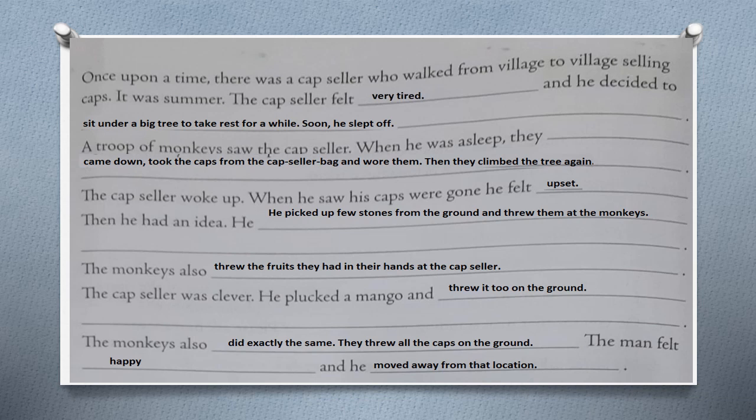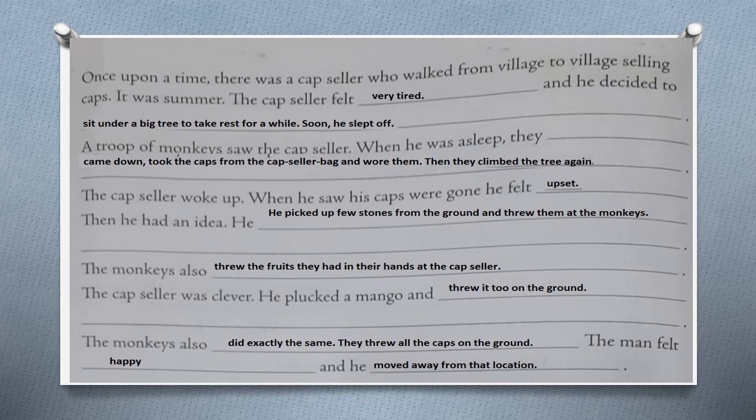The cap seller woke up. When he saw his caps were gone, he felt upset. Then he had an idea. He picked up a few stones from the ground and he threw them at the monkeys. The monkeys also threw the fruits they had in their hands at the cap seller.